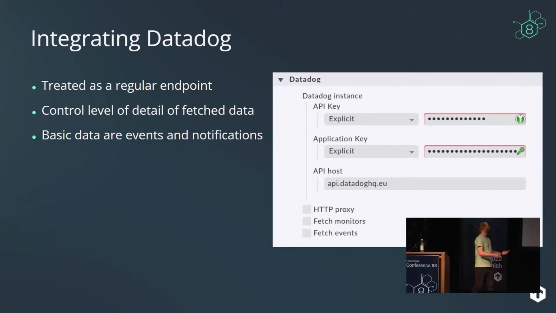And by doing that, we treated DataDog as a regular endpoint, as a regular data source, with all the options and all the possibilities to control the level of detail for this fetched data, for example. So you can distinguish by using DataDog labels to tell them what I am interested in, what belongs to me, who I care about. And we started with the basic data, actually, with fetching monitors and of course the events.